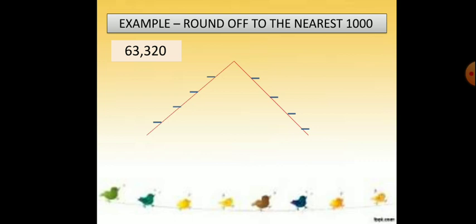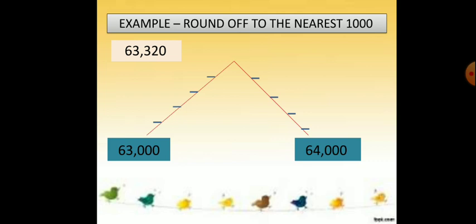So first we will see between which numbers this number will come. So 63,320 will come between 63,000 and 64,000. And we have to write the mid number also, that is 63,500.